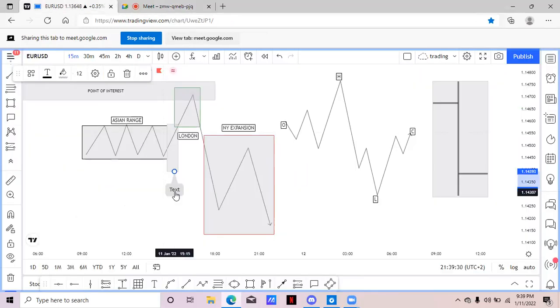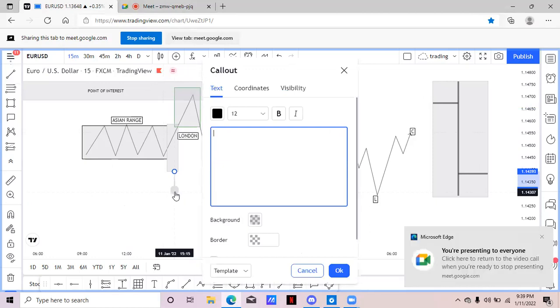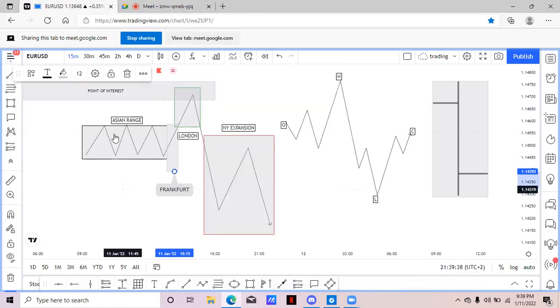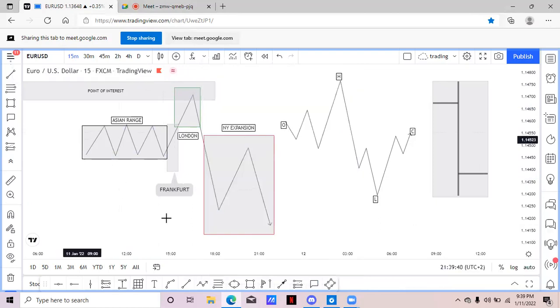So you see here we have the Frankfurt, and then before this Asian session, by the time the market opens at 1 a.m., whatever the time it is, you get a point.